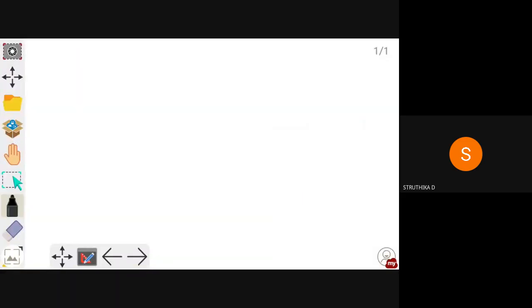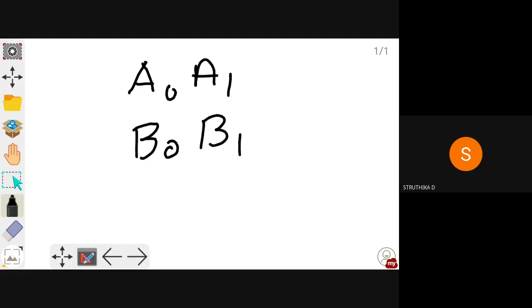In the 2-bit magnitude comparator, let A0 and A1 be your first number and B0 and B1 your second number. You are going to compare these two numbers.